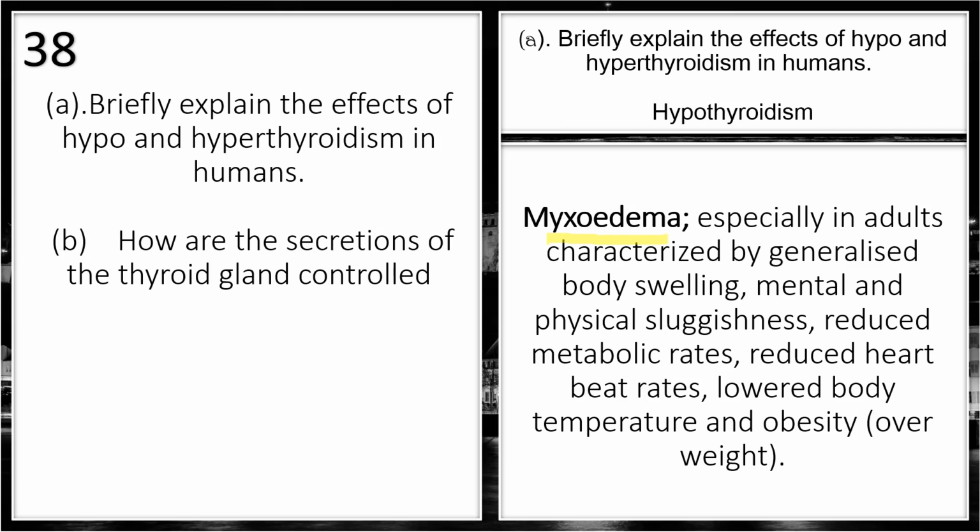Myxedema, especially in adults, is characterized by generalized body swelling, mental or physical sluggishness, reduced metabolic rates, reduced heartbeat rates, lowered body temperatures, and obesity.